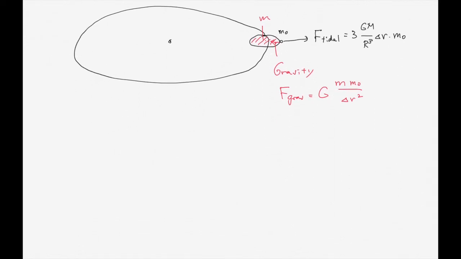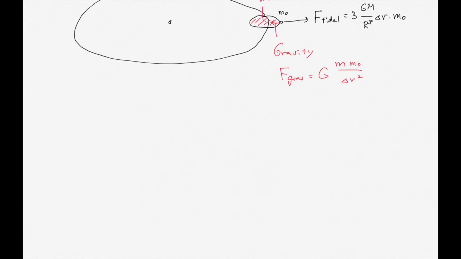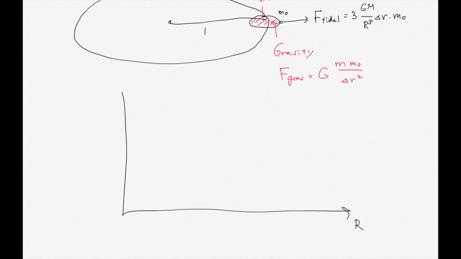Then we could compare the two forces, tidal force and the gravitational force. As I explained, if you draw the horizontal axis as distance from the central object, then tidal force is a decreasing function of r. This is F tidal.